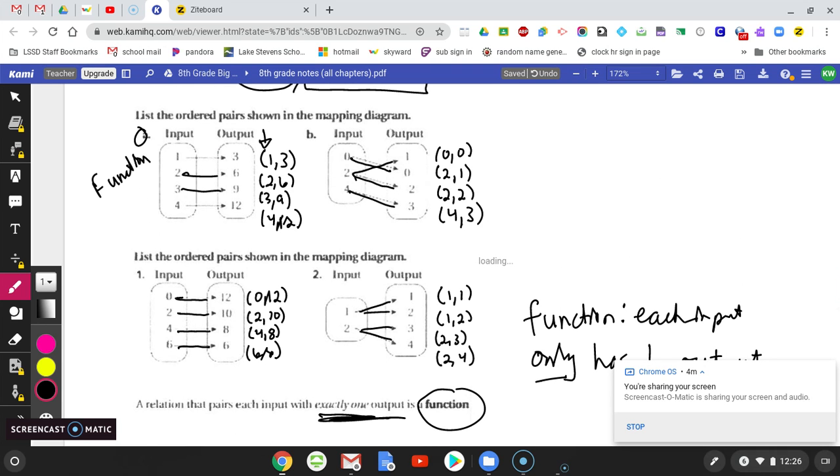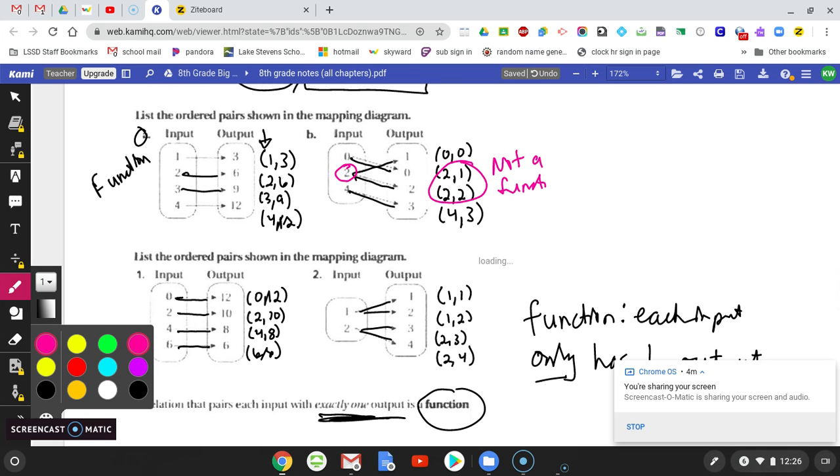When we look at part B, you can see that the number 2 has 2 lines coming out of it. 2 goes to both 1 and 2 goes to 2. So this one is not a function because my input of 2 has 2 different outputs. It goes to the output of 1 and the output of 2. So if any of your inputs repeat, they can't go to different outputs. So if I'd had like 2 goes to 1 and then I listed it again, 2 goes to 1, that's okay. That could still be a function.